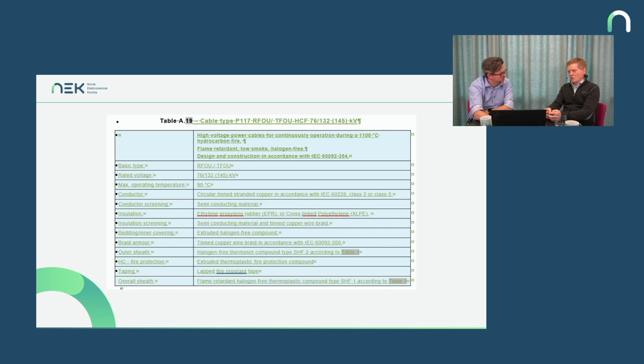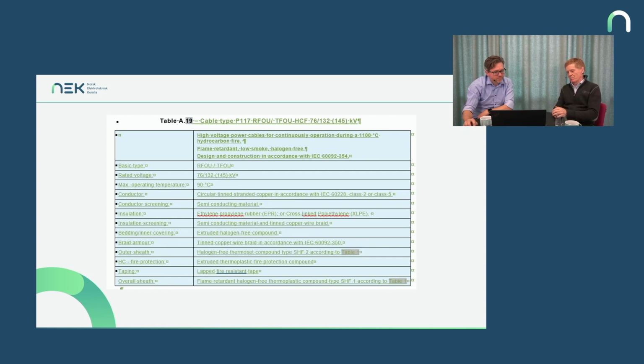For the new readers of NEK 606, most of you probably know all this, but in the beginning of NEK 606, we have all the specifications, the scope and the tables. The main part is Annex A, and then you have all the detailed specifications, and for each cable type, they have a number and a card, so to say.